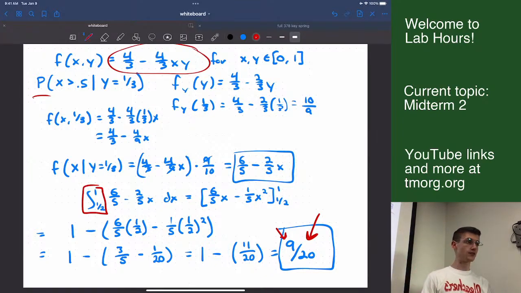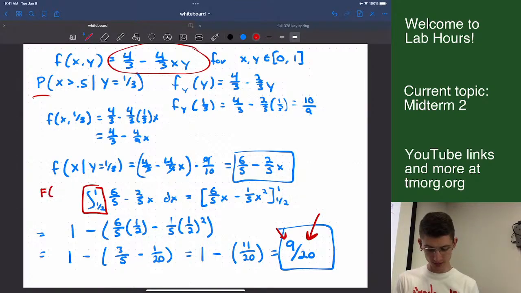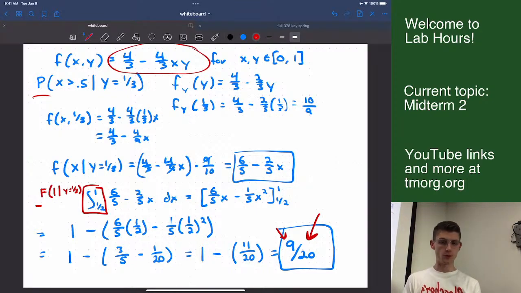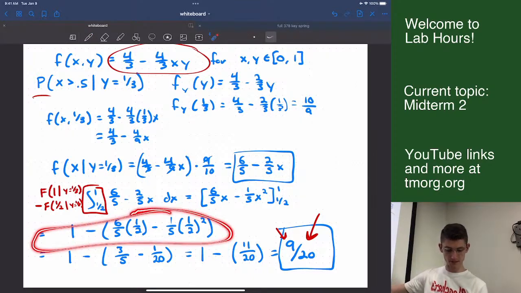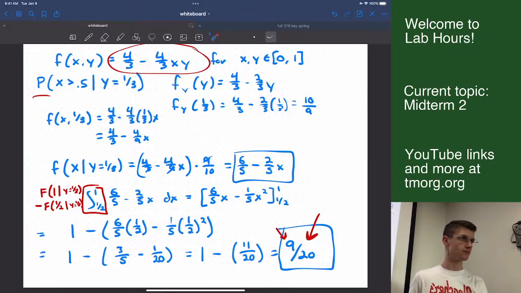All that we did is take the cumulative distribution function of x given y equal to 1/3 at 1, minus the cumulative distribution function at 1/2, given that y is equal to 1/3. That is exactly what we did here in this little bottom thing. We just skipped the step of calling it big F of x, given yada yada.